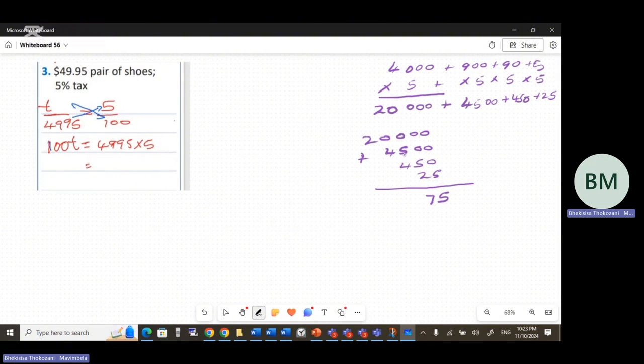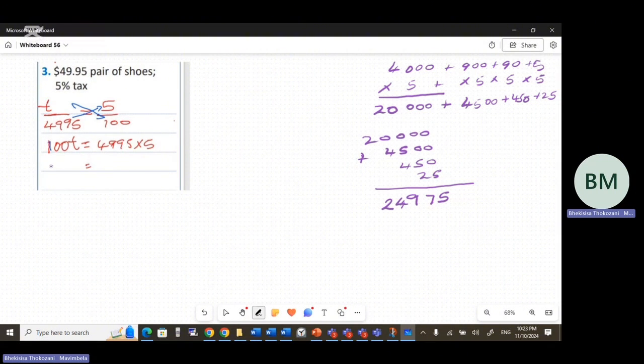And here 0 plus 5 plus 9. 0 and 4, so that's 4. And now I'm left with only that 2 there. So this is the big number, 24,975.